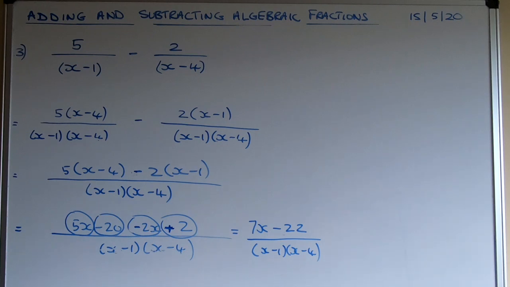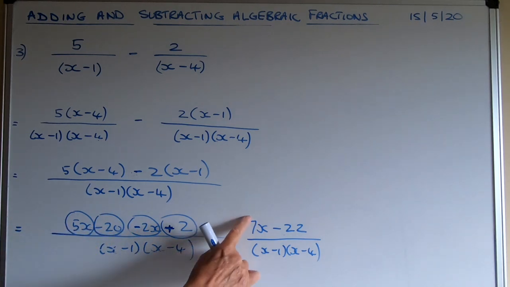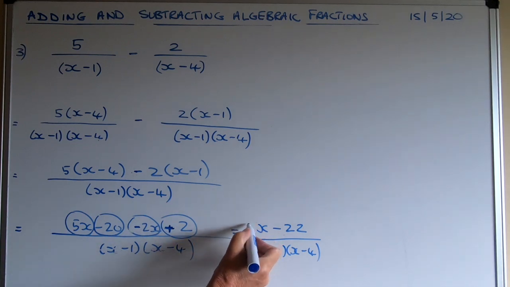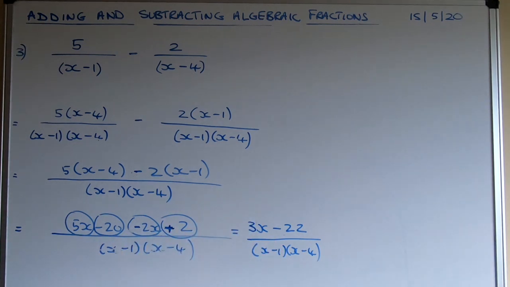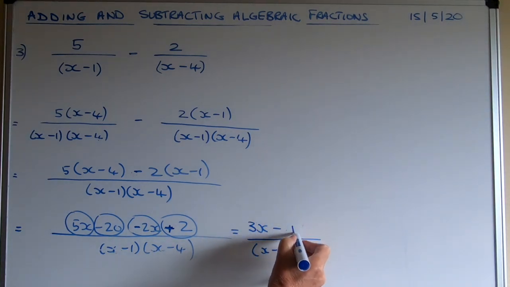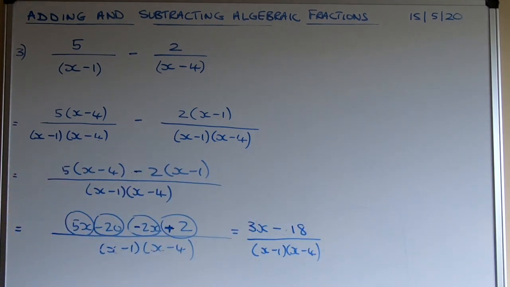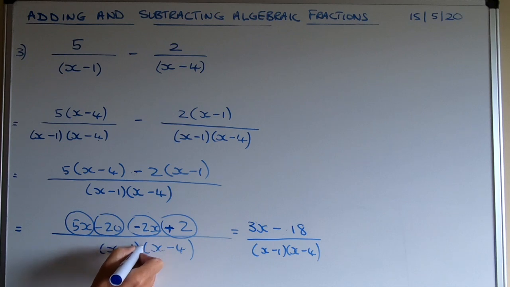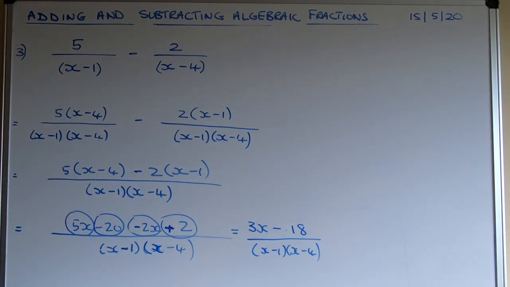So when I'm collecting like terms this time, 5x minus 2x would be 3x, and negative 20 add 2 would be negative 18. Again, no need to multiply out the bottom denominator there. But be very, very careful if it's a subtraction.